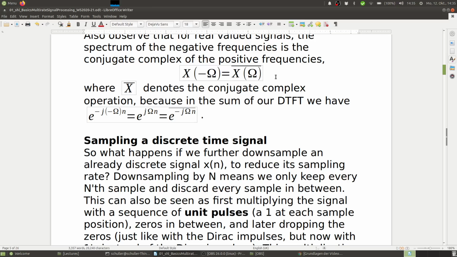Because of 2 pi periodicity, we know that the frequencies from pi to 2 pi are identical to 0 to minus pi, right? And again, it would repeat because of this symmetry. So basically this says also that for real valued signals, we just need to consider the frequency range from 0 to pi, which is basically the same as Nyquist says, because pi is the Nyquist frequency.